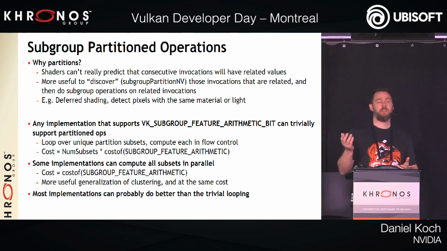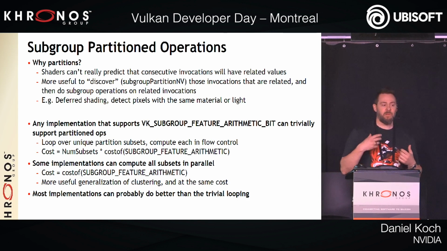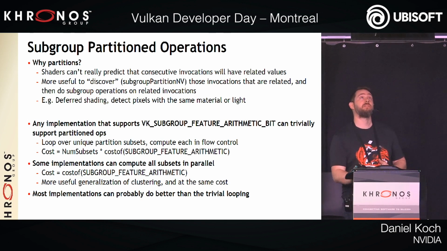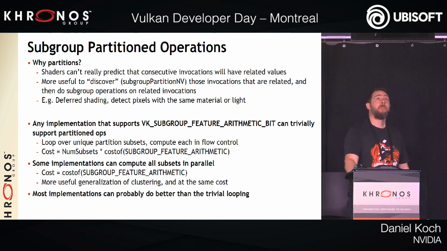So for example, if you're doing deferred shading, maybe you want to detect pixels that have the same material or light, and maybe you want to fetch some values from your gbuffer. Okay, we know that all these threads are using the same light, so we can load it from the buffer in that set of invocations using subgroup elect, load it once, and then broadcast it out to that set of invocations.